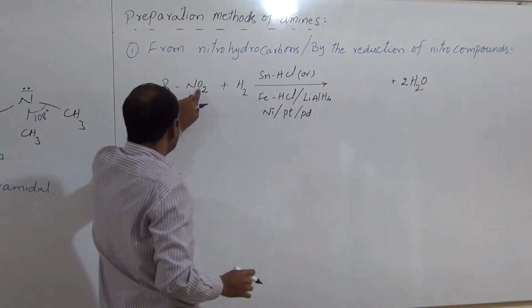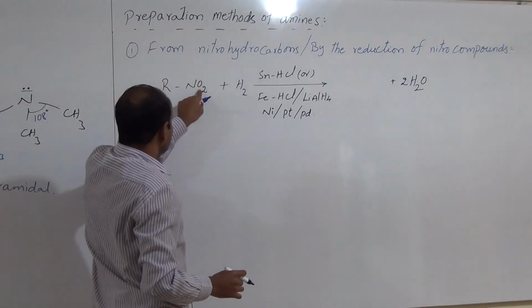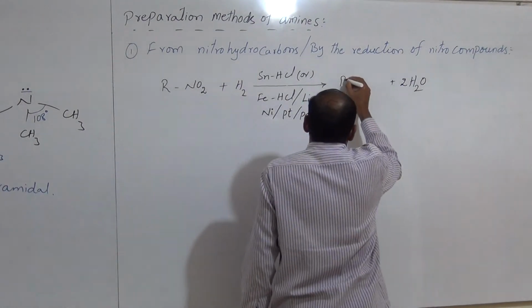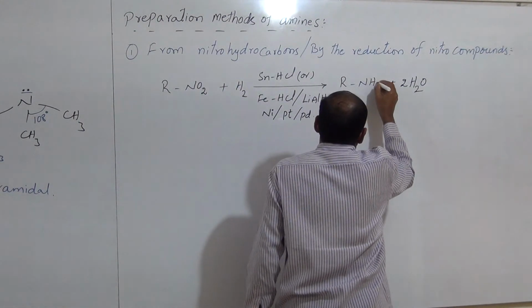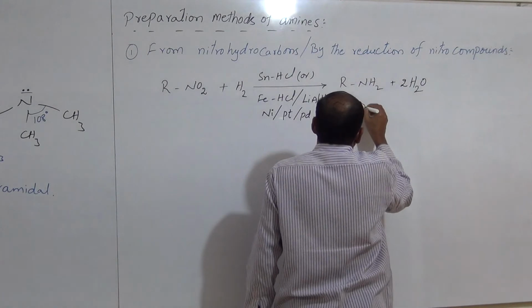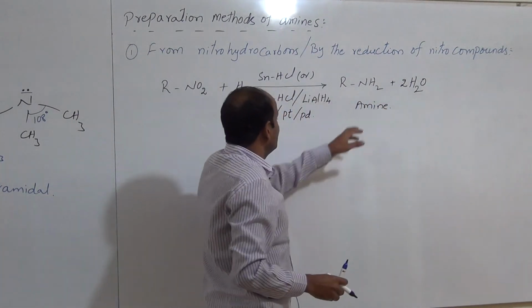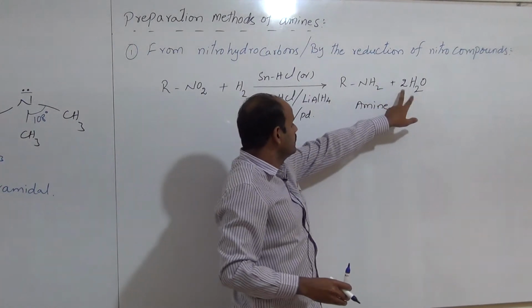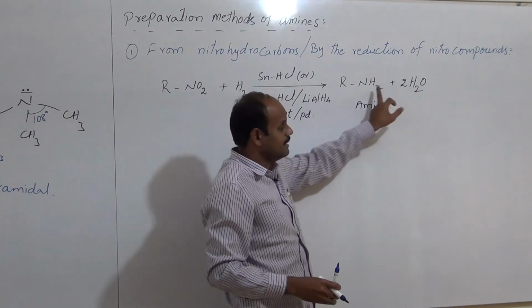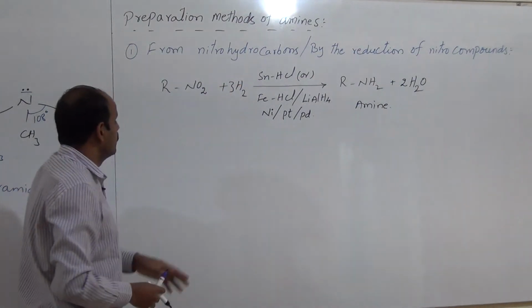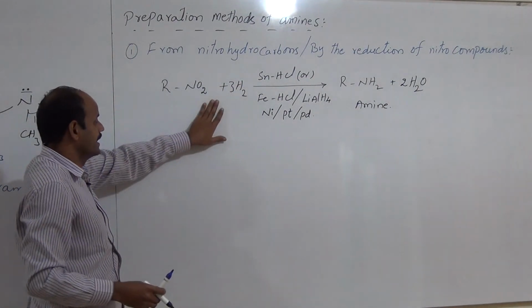But after removing 2 oxygens, 2 hydrogens attach to nitrogen. Thus we get the amine. So in total how many hydrogens are involved? 2 into 2 is 4, 4 plus 2 is 6, which you can write as 3 molecules of hydrogen involved in this reaction.